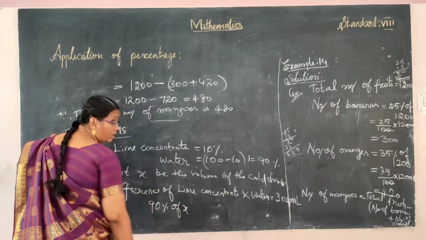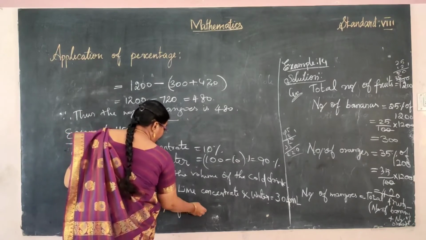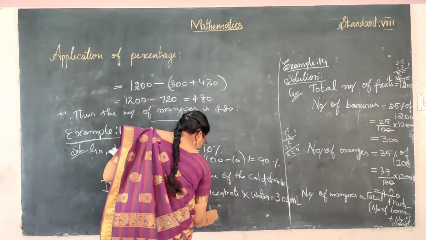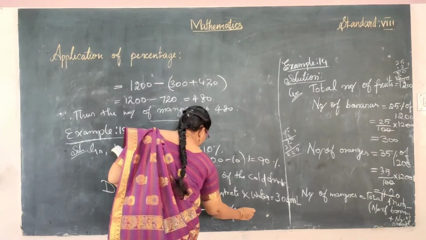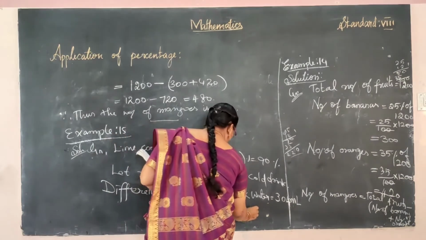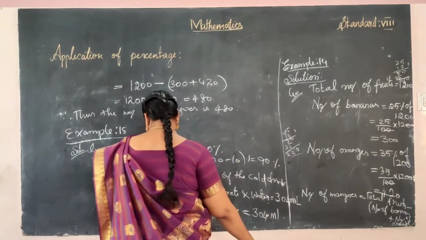This is also within that capacity. Okay? So 90 percentage of water minus the lime, the difference: 10 percentage of X is equal to 304 milliliter.